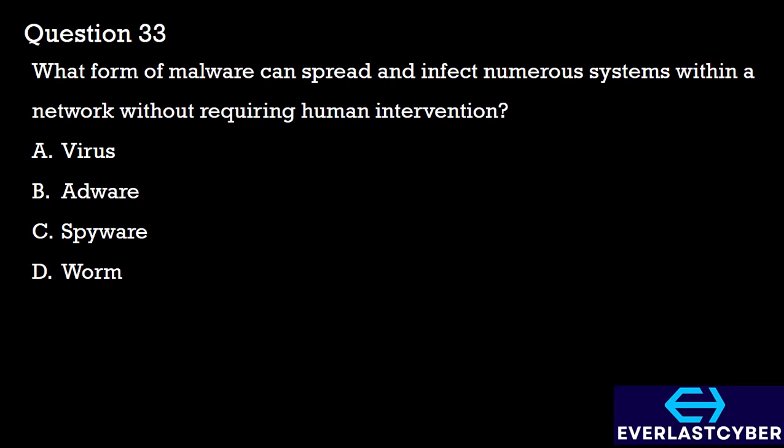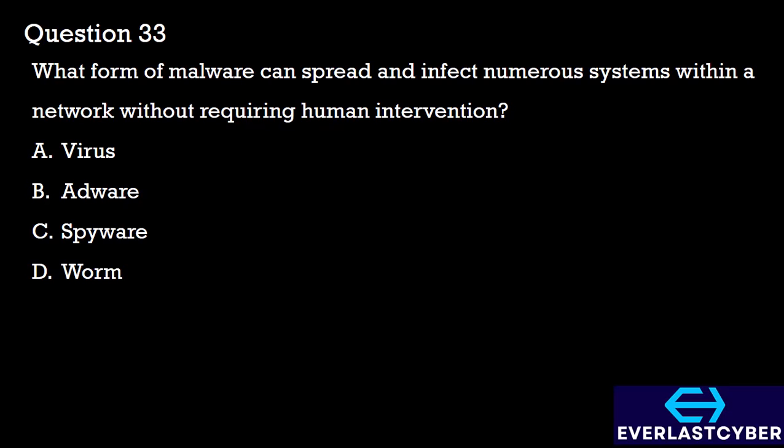Question 33. What form of malware can spread and infect numerous systems within a network without requiring human intervention? A. Virus. B. Adware. C. Spyware. D. Worm. A virus requires human interaction to spread, and this could be through the opening of an infected file or running an executable, so it attaches itself to files or programs and replicates itself.